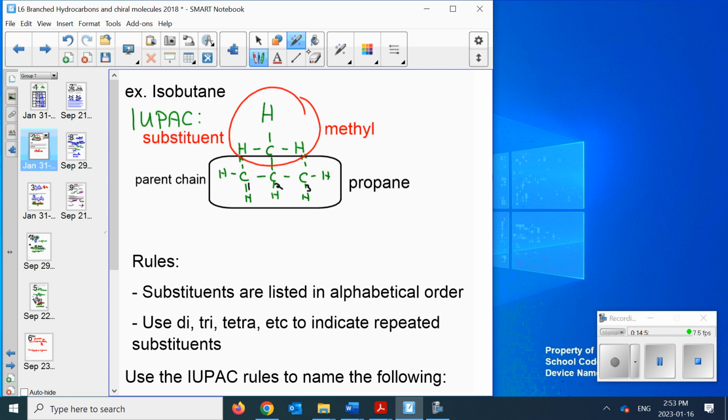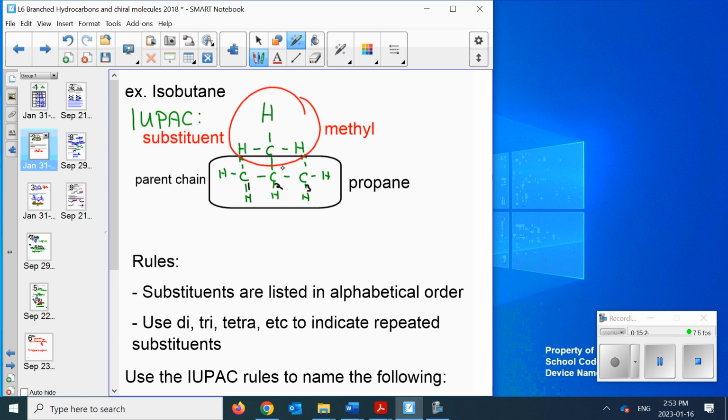If you take a look at this, I call it the parent chain because it's the longest possible. There's 3 carbons in a row. You can't get longer than that, right? So we're going to call it a prop group, propane, with an attachment of 1 carbon-hydrogen combination after that. That's the methyl group. How would we name it?